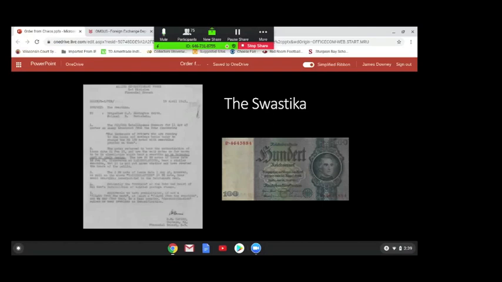And then it identifies the type of notes that we're talking about, the 100 mark here and the new 20 mark note.